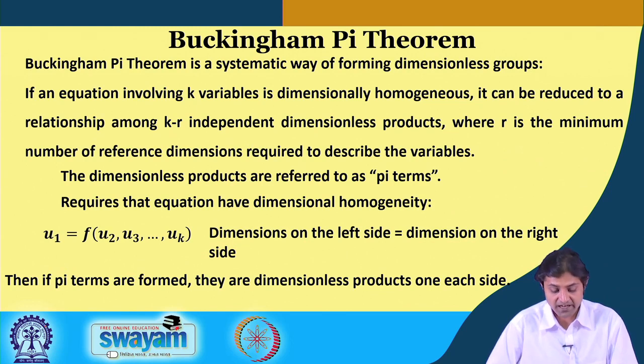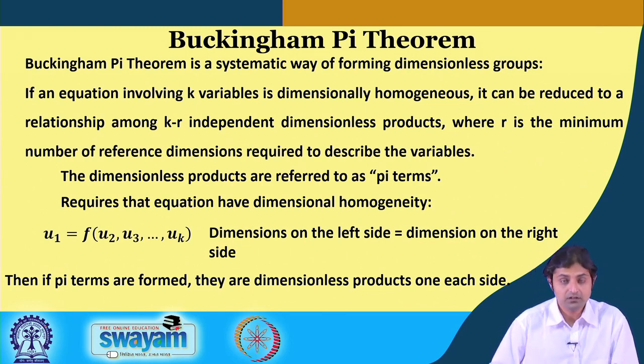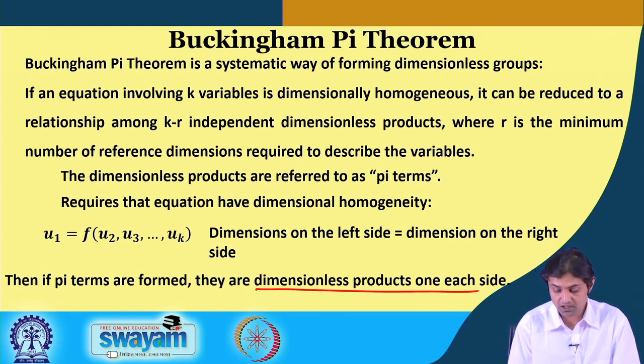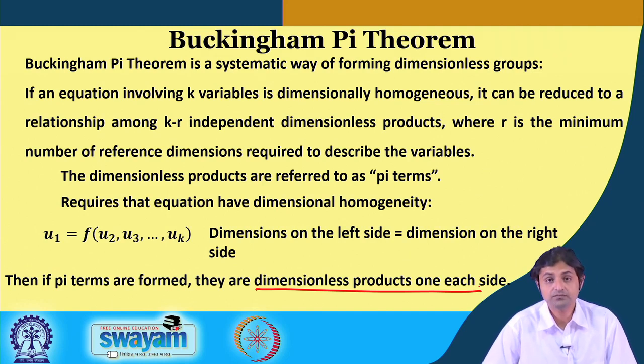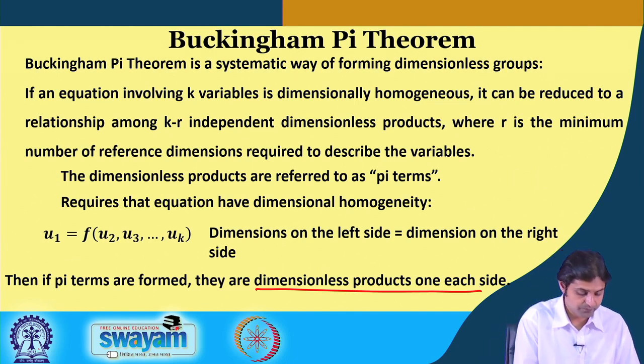So, then if pi terms are formed, they are dimensionless products, one on each side. Then these will be dimensionless groups.